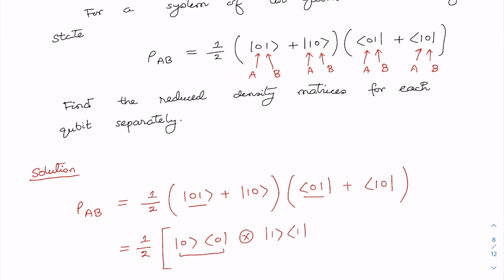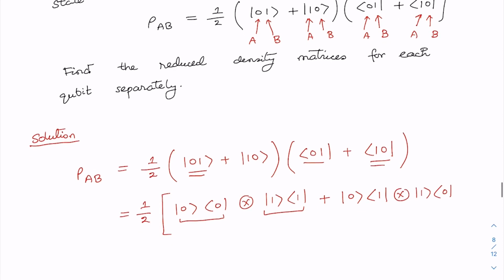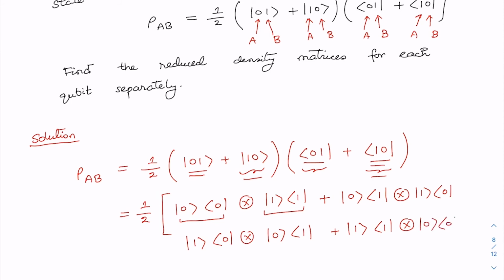So you see this is system A, this is system B. Similarly, now you take this one with this one, then we'll have ket 0 bra 1 tensor ket 1 bra 0, and now let me take the direct product of these two, then I will have ket 1 bra 0 direct product with ket 0 bra 1 plus, now let me take this one with this one, I will have ket 1 bra 1 tensor product with ket 0 bra 0.